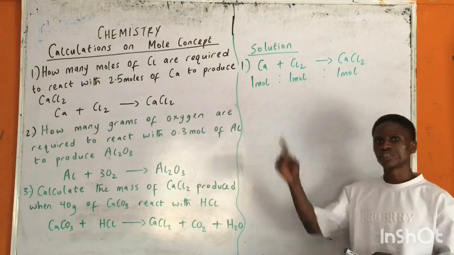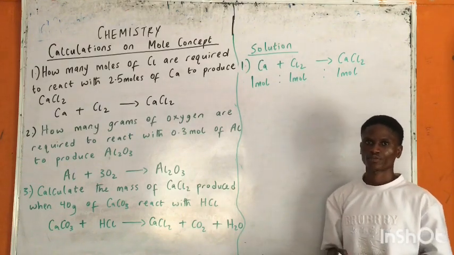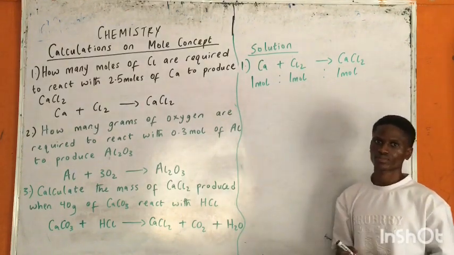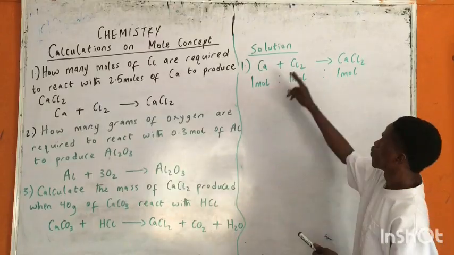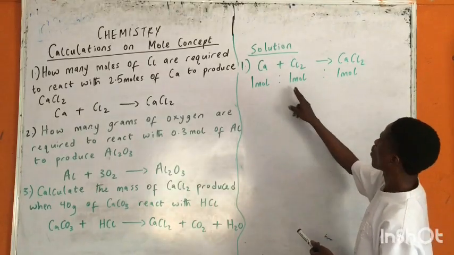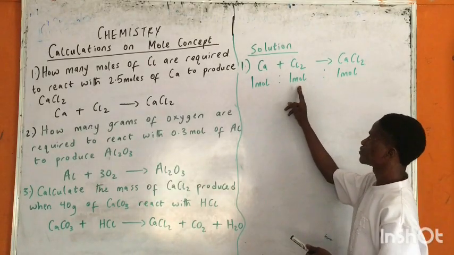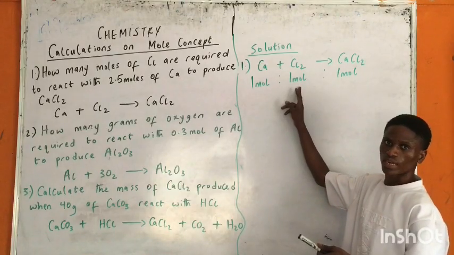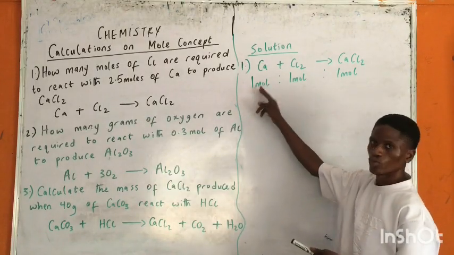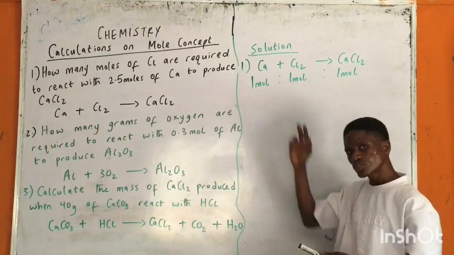So, from the equation, 1 mole of chlorine is required to react with 1 mole of calcium.